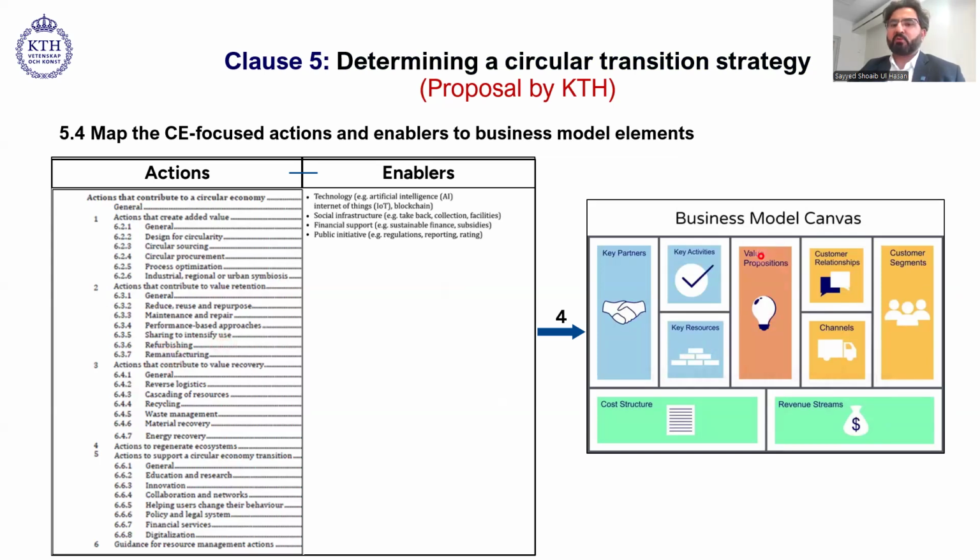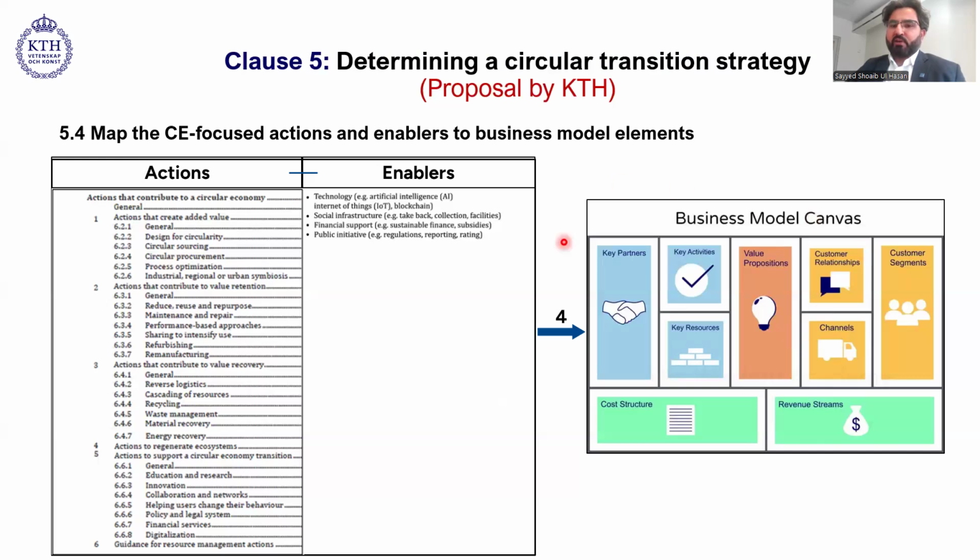Can we change the key activities? So you map all those actions to different business model elements, and this mapping is basically your transition strategy. So we define transition strategy as the mapping of CE-focused actions and enablers to different business model elements to transition towards circular economy.